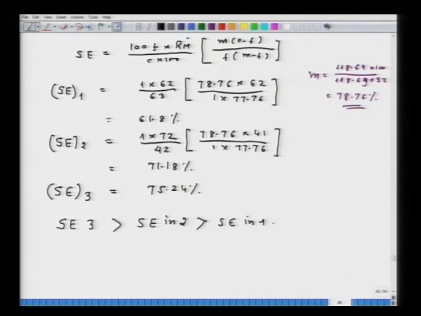Now, naturally, one is tempted to go for the method which produces concentrate number 3, but here the most important thing is also to see what the tin grade in the concentrate is. In concentrate number 3, the tin grade is the lowest one, only 21%.